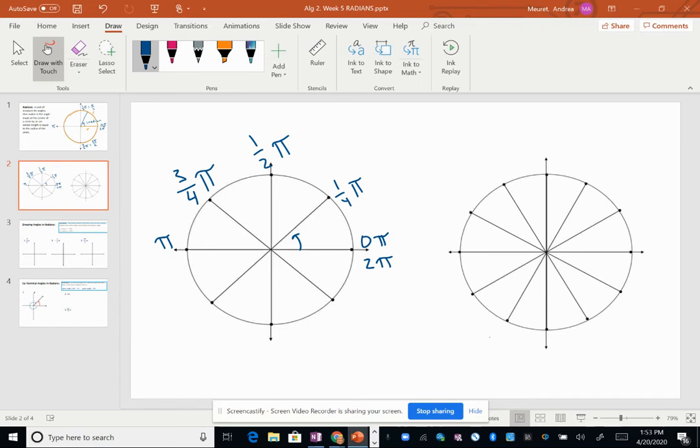And so then we're down here at 5/4 of pi. And then 6/4 of pi. 7/4 of pi. And then 8/4 of pi, which I've already written as 2 pi. The 6/4 of pi, that can be reduced. 6 and 4 are both divisible by 2, so divide out the 2, and we get 3/2 of pi.